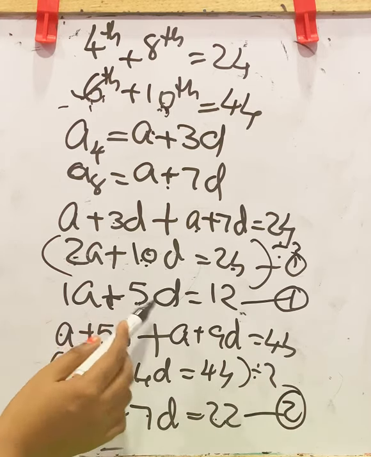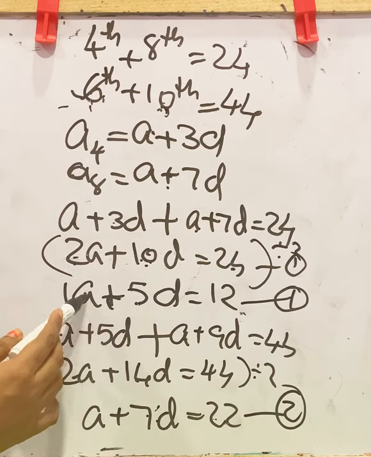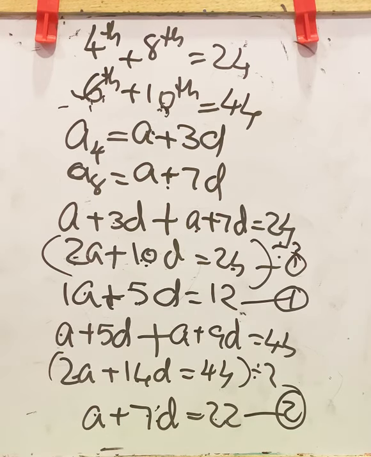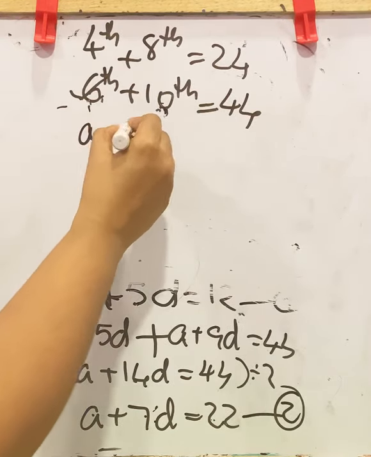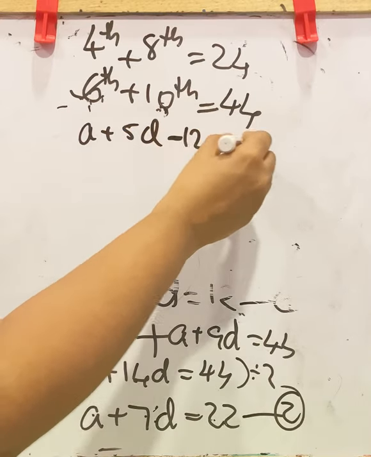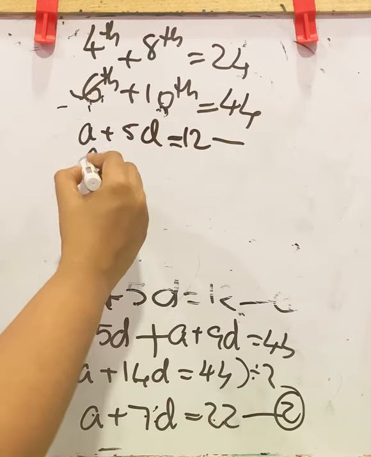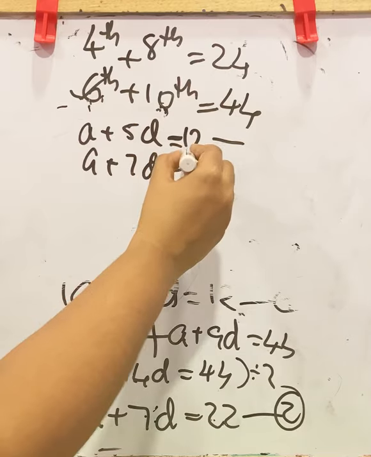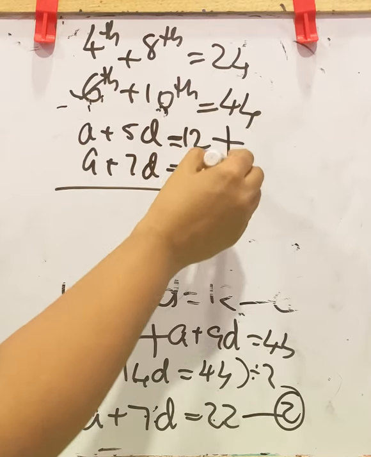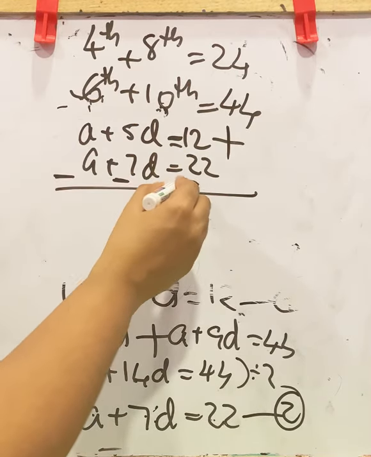Now from these two equations you have to eliminate any of the variables using the elimination method. Then you will get the value of D. So we will do that. A plus 5D equals 12, minus A plus 7D equals 22. Subtraction changes to addition, so change the signs of the next equation.